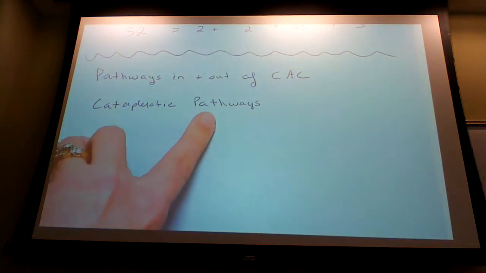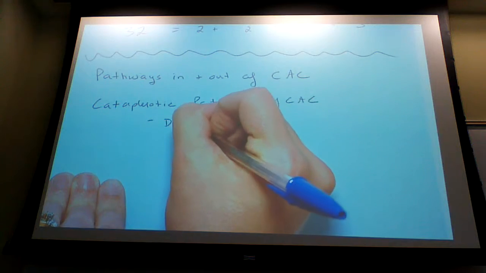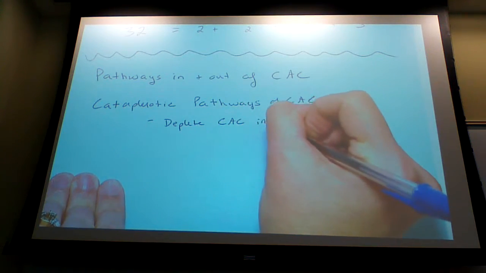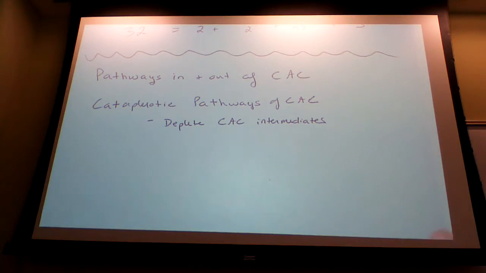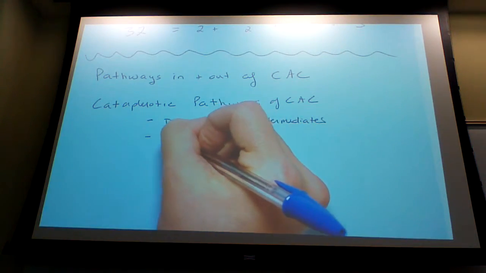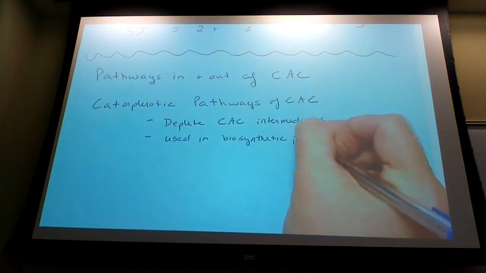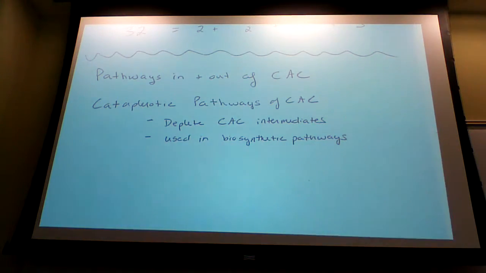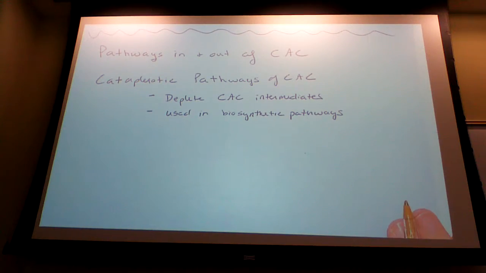So cataplerotic pathways of the CAC, these deplete CAC intermediates. But the confusing thing here is that we're decreasing or pulling away citric acid cycle intermediates, but the purpose is an anabolic one. They're used in biosynthetic pathways for other things.